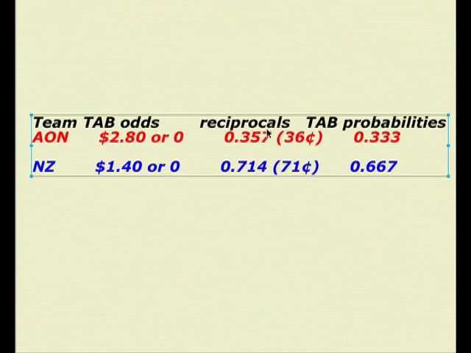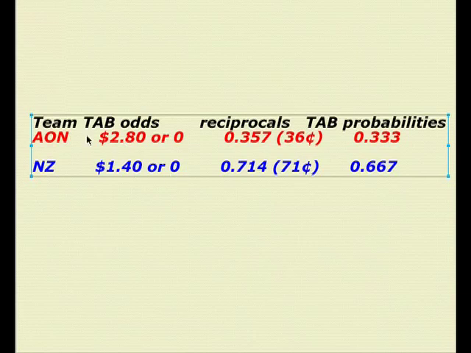Now, what I've done here is we want to think of this. If I make a bet on the All Blacks, so that's New Zealand here in blue, or some other nation in red, then what they're saying is, look, if you pay me $1, then if the All Blacks win, I will pay you back $1.40. But I'll pay you nothing if the All Blacks lose.